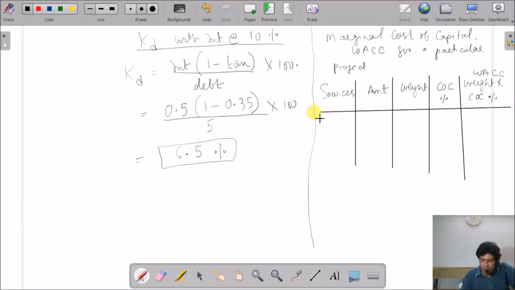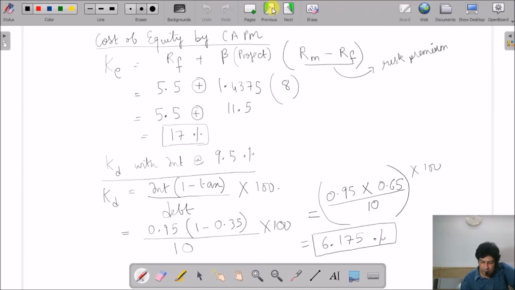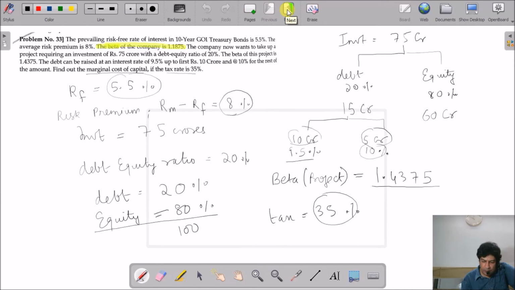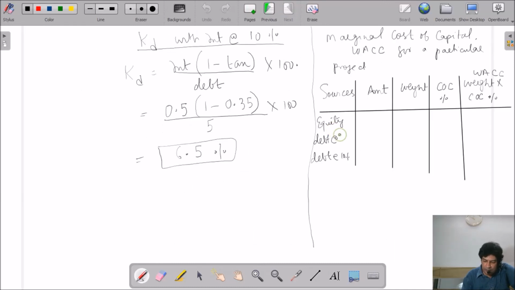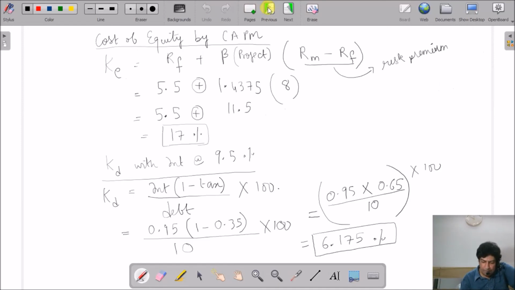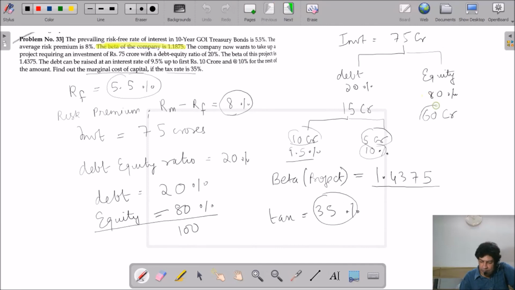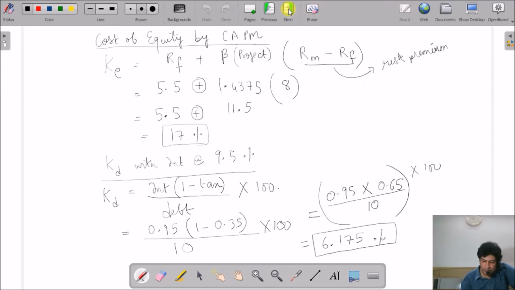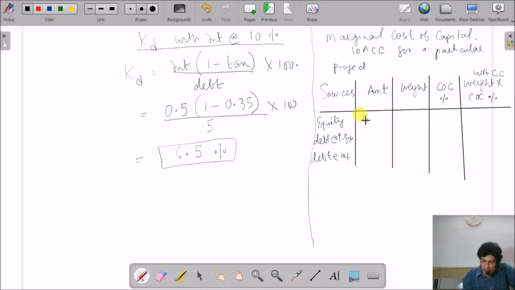So all these things we are going to consider right now. One of the sources is equity, then there is a debt, and again there is another debt component. One debt is at 10% and the other debt is at 9.5%. How much amount have I borrowed through equity? Through equity I will be raising 60 crores. So here I will be writing 60.